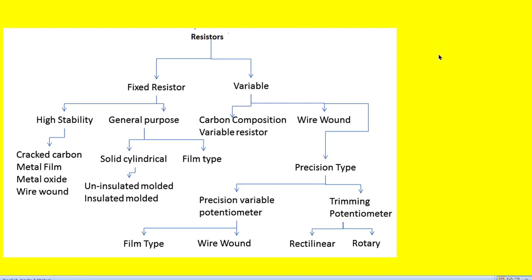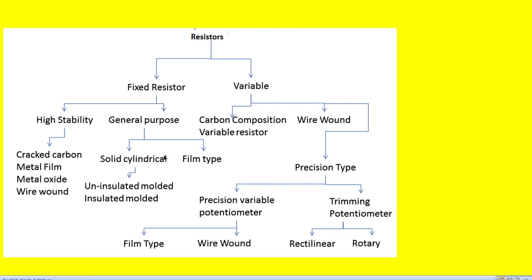Basically, there are two types of resistors. One is the fixed resistor, the other is called the variable resistor. Under fixed resistors, we find high stability resistors and general purpose resistors. Under high stability resistors, we find cracked carbon, metal film, metal oxide, and wire wound resistors.